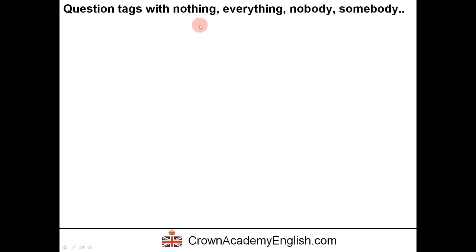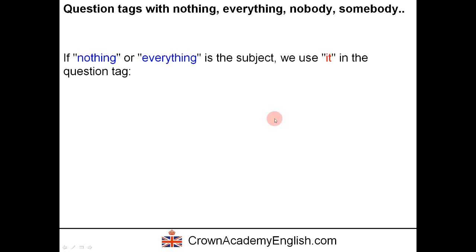So question tags with nothing, everything, nobody, somebody, and other words similar to this. If the word nothing or everything is the subject of the sentence, then we use it in the question tag. So in other words, we consider this to be singular in the question tag.